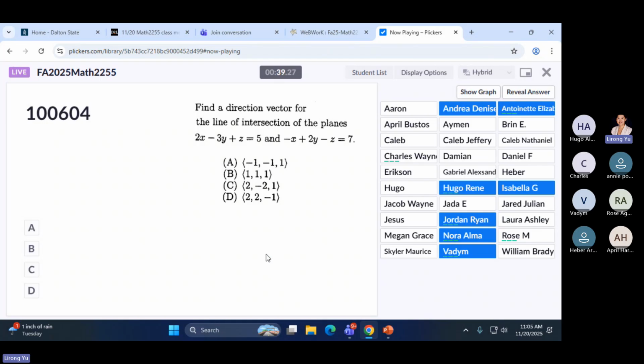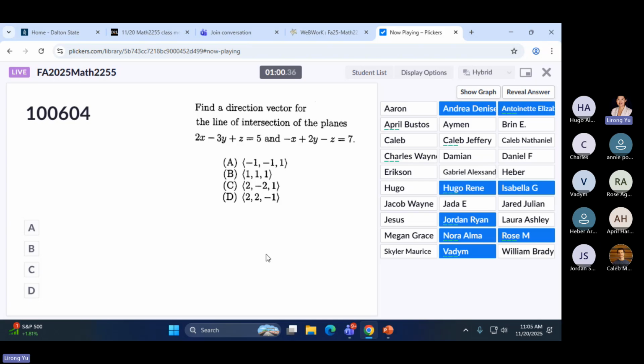That is a vector perpendicular to both of these two normal vectors. But the normal vector of a plane is perpendicular to the plane, so this line will be in both planes, and it will be perpendicular to both vectors.